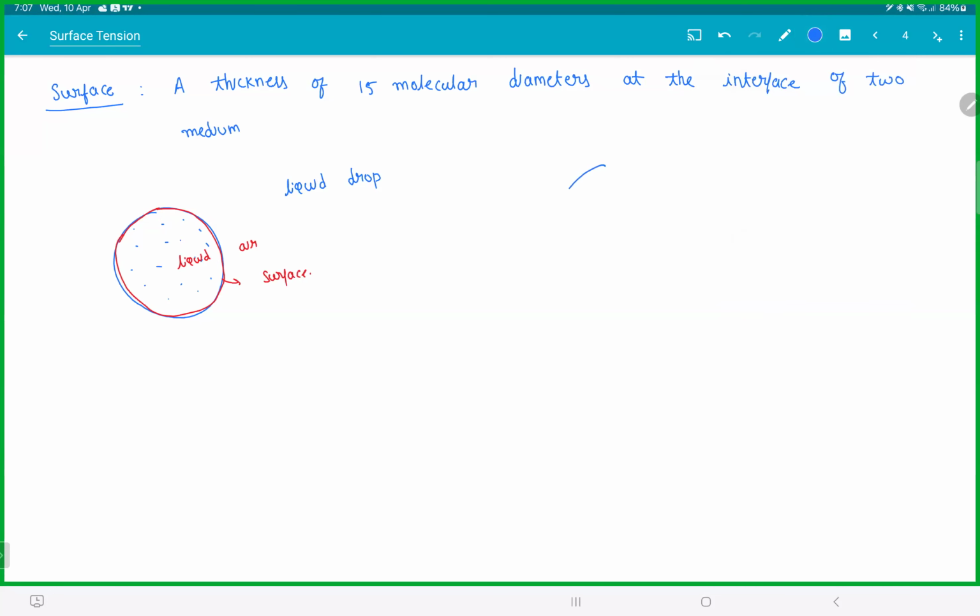Now, if you take a soap bubble, you have air inside. This is a soap solution. Outside is also air. So this is one interface and this is one interface. So there are two surfaces. Whenever you say soap film, we'll always have two surfaces.